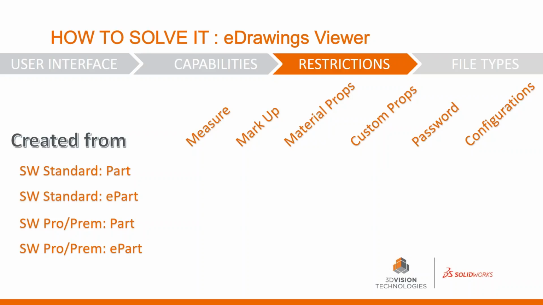We can create parts in SOLIDWORKS Standard, Professional, or Premium, and view those in the eViewer. We can also look at the SOLIDWORKS files themselves, or publish those out to eParts or eFiles: the parts, assemblies, and drawings. So let's jump in and fill out this matrix to see what limitations we have depending on where our parts are coming from.